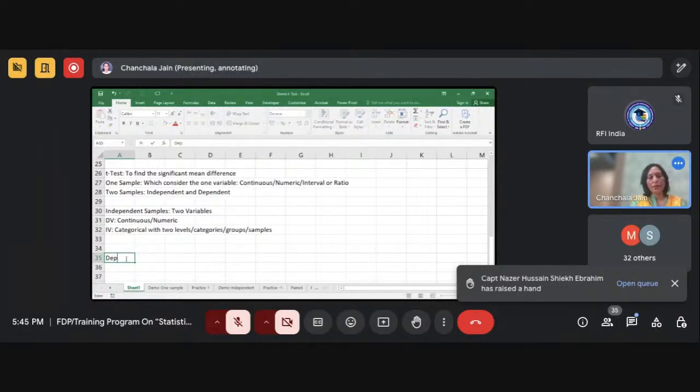Next one is the dependent samples t-test. So here we will have one variable which will be continuous or numeric, and should be measured twice within a specific time interval.